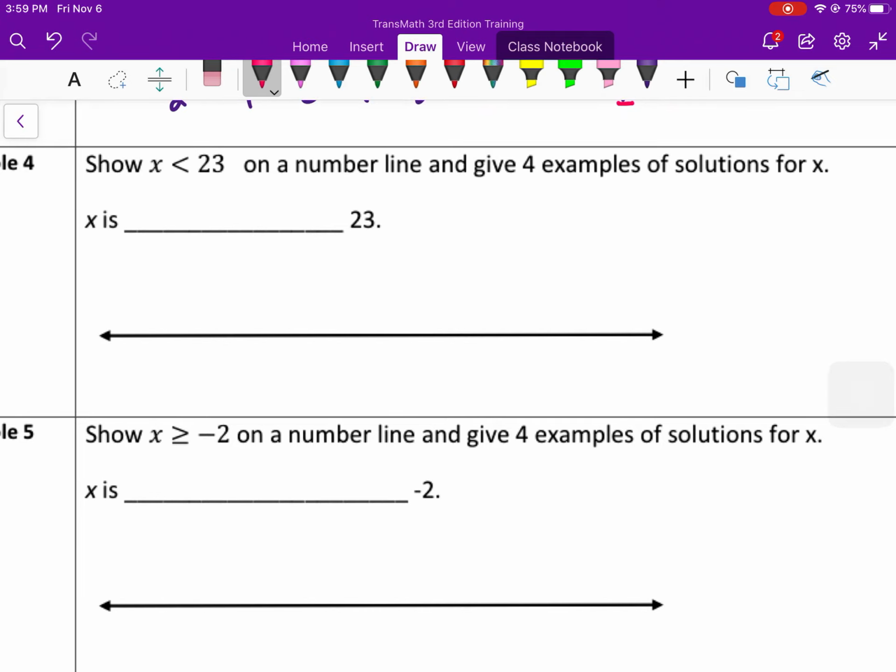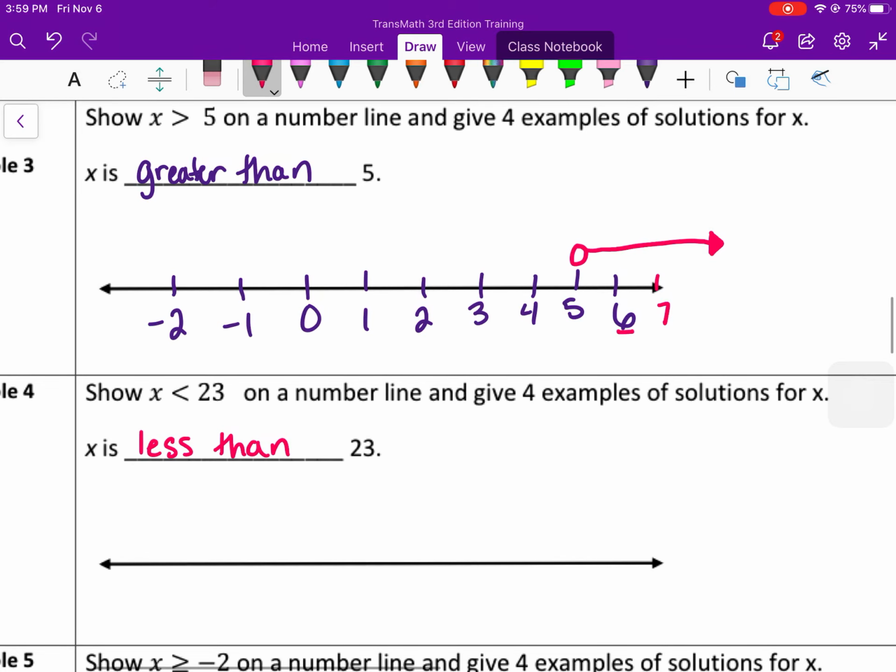This one says, show x is, this is pointing to the left, this is the less than symbol. So show that x is less than 23 on a number line. Oh, and I forgot to give 4 solutions for x. Okay, so let's do that quick for this one. Solutions.